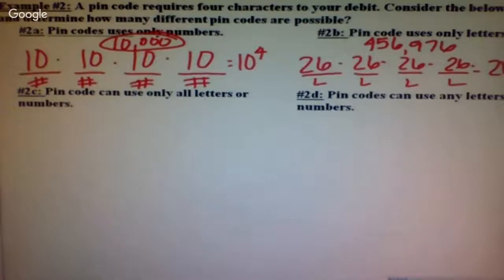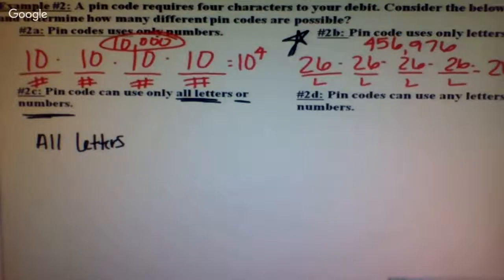Okay, be careful with C and D because the way they word it changes them. This says all letters or all numbers. So my first one has to be all letters. How many options do I have if they're all letters? If my PIN is all letters, we just did that.